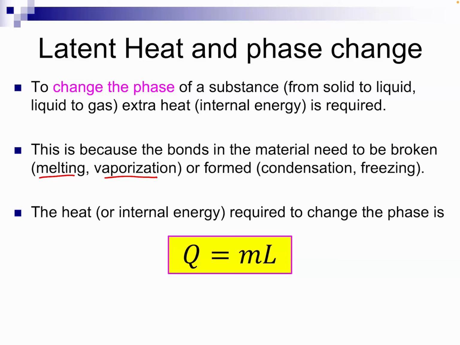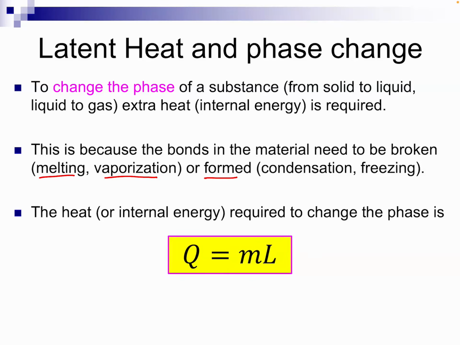The other way, the reverse way of phase change, when you're going from gas to liquid or liquid to solid, you have condensation or freezing. Extra heat needs to be taken away. Extra heat is needed to form the bonds in the molecules. So in the case of phase change, the amount of heat, Q, is equal to M times L. Right?